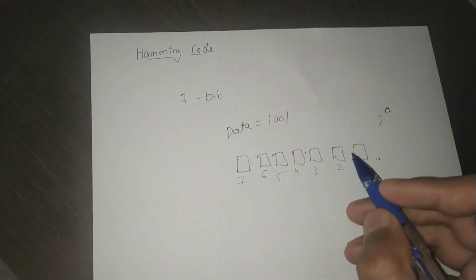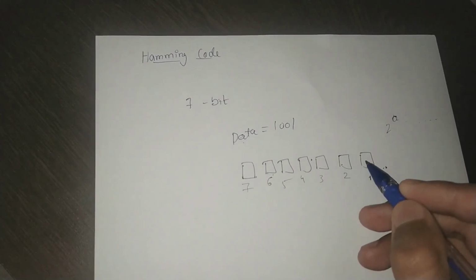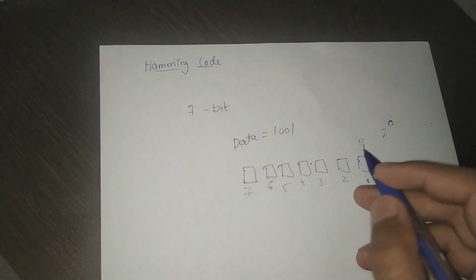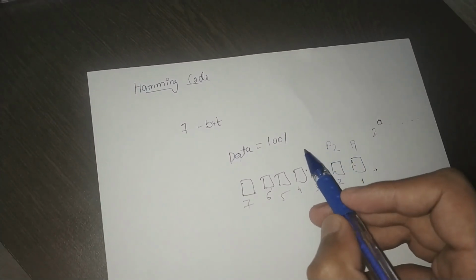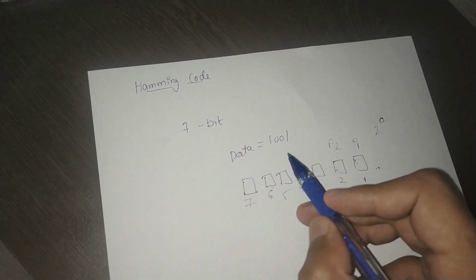So for this example we need 3 parity bits, right? So this will be P1 and this will be P2, and next will be 2 squared, which is 4.